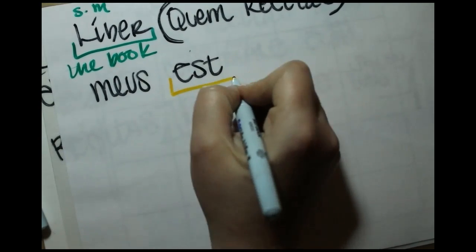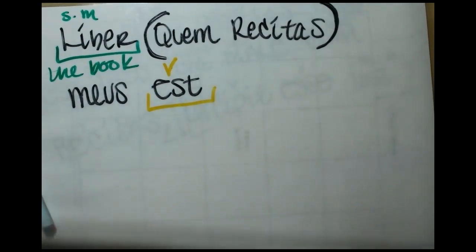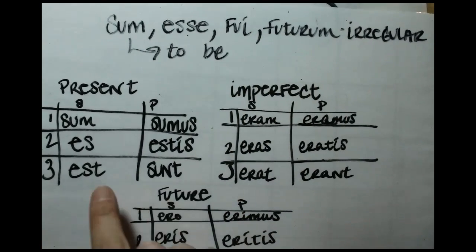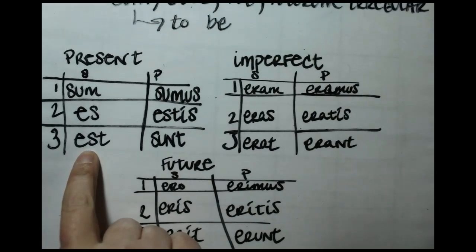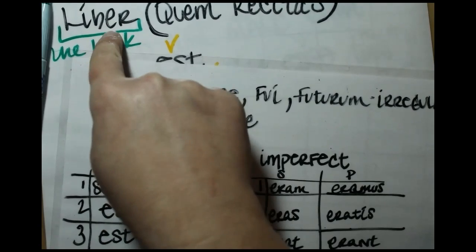And then what do we have next? We have meus est. Est, this is a verb. If we refer to the chart that we have, that's a form of sum esse fui futurum. Est is the third person singular form of sum esse. So the book, that is a masculine singular.